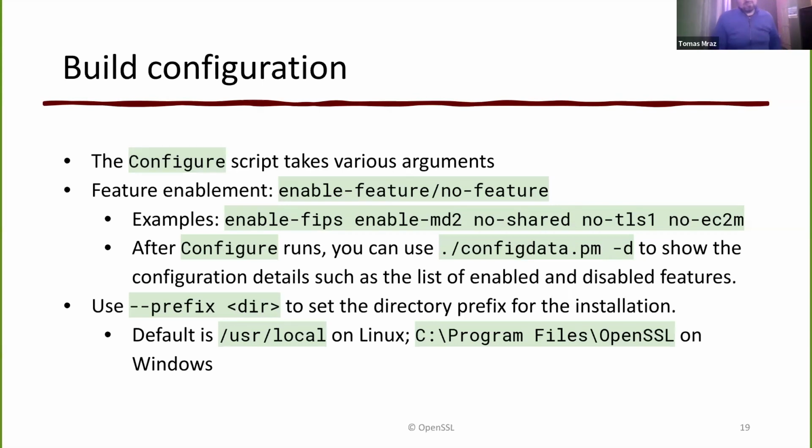Let's talk about some options that you can pass to configure. You can use --prefix with some directory to set the directory prefix for the installation. The default for Linux is /usr/local. For Windows, it's Program Files\OpenSSL on the C drive.